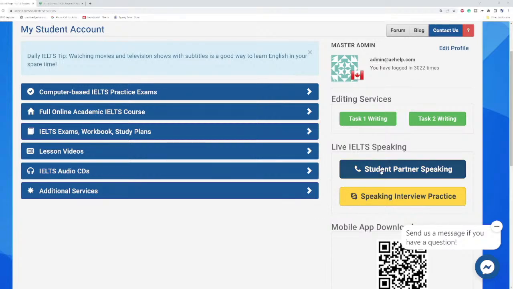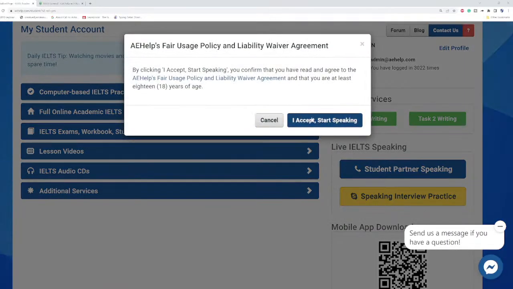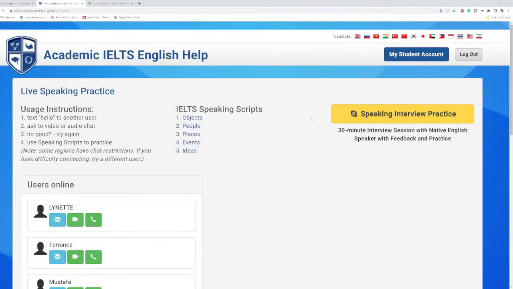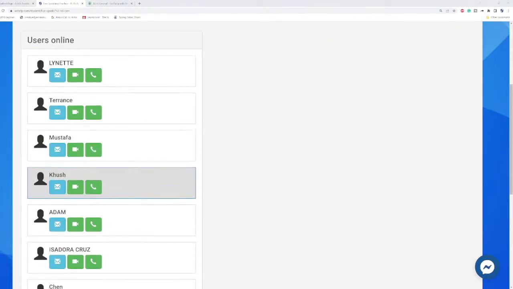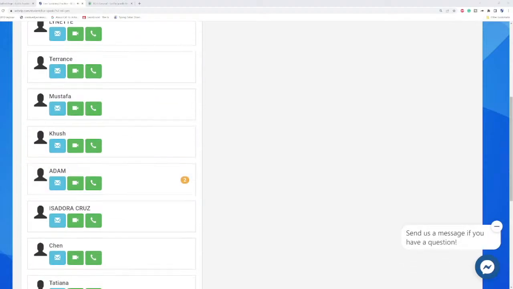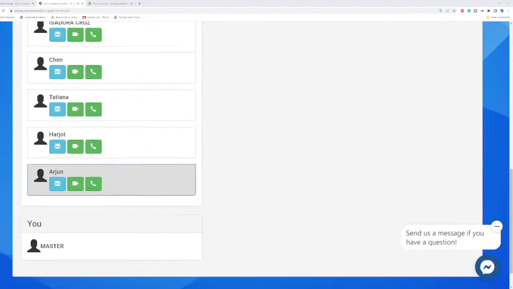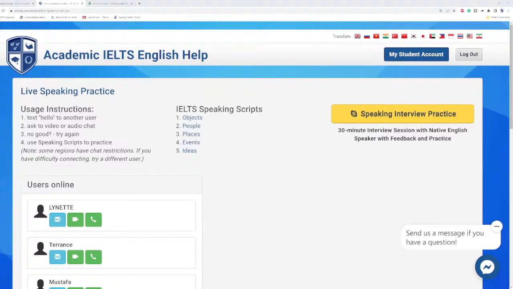So click on that student partner speaking and then accept and start speaking. And then you get into this page here. We've got Lynette and Terrence and Mustafa and Kush in here, and Adam, Isadora, Chen, Tatiana. We've got lots of students in here, which is really fantastic.